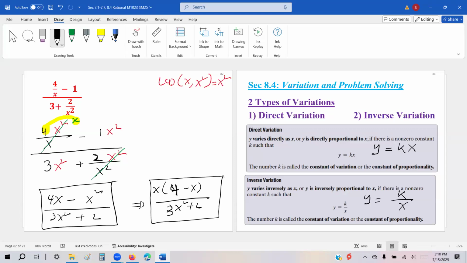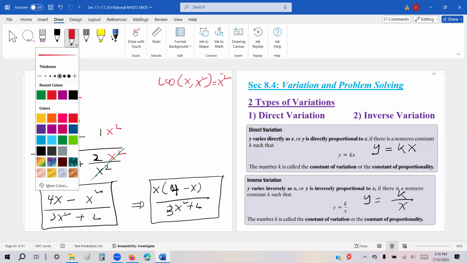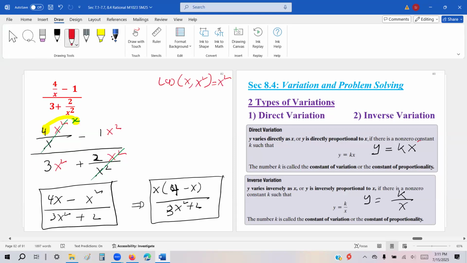Now let's say Y is changing with X squared. Not with X, but X squared. So we write Y is changing directly with X squared with a constant rate of K. Or let's say Y is changing inversely with the square root of X. So the square root of X goes on the denominator.